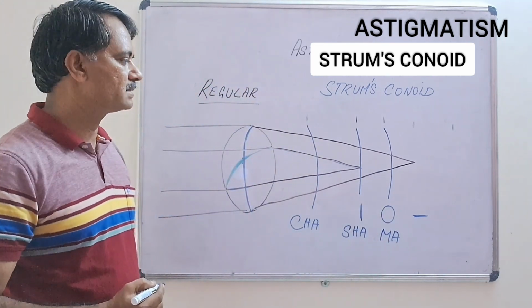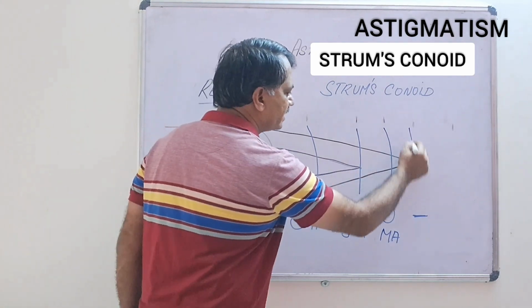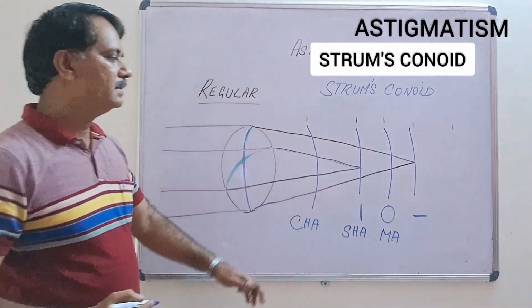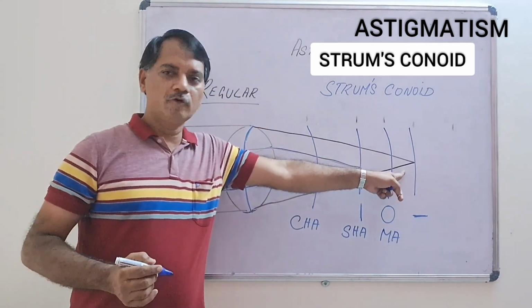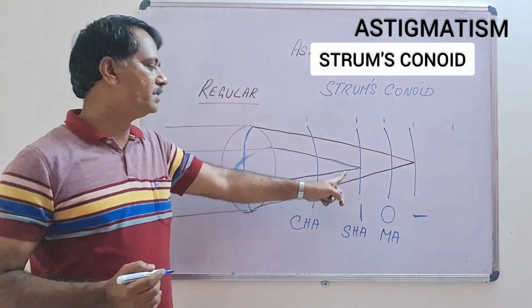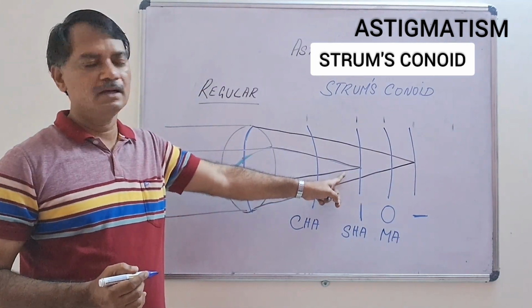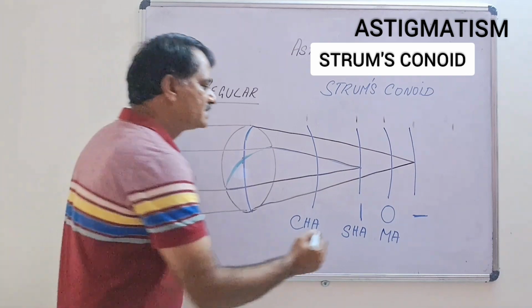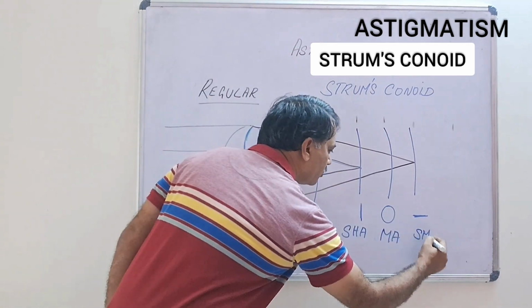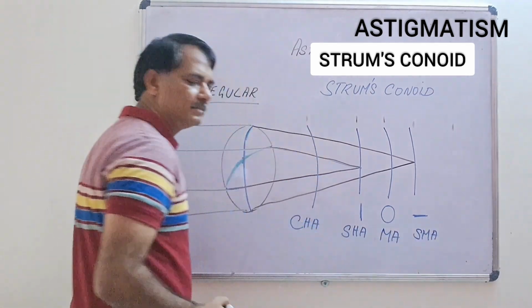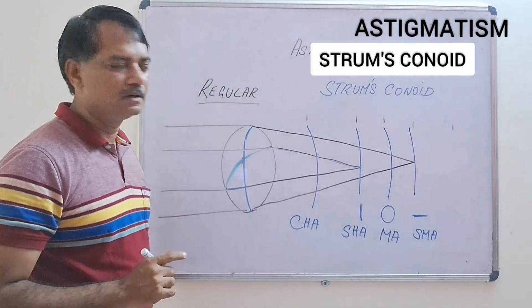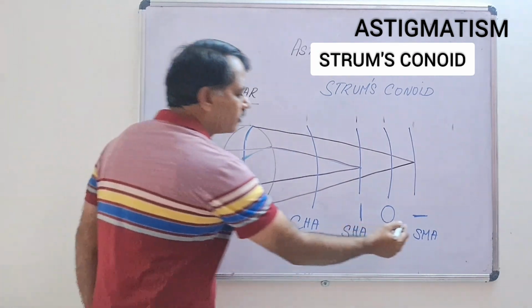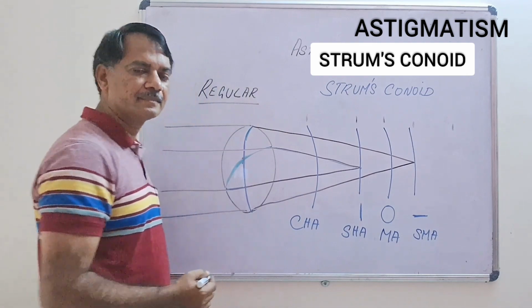Suppose the retina is here, then this group of rays are focusing on the retina, this group is focusing in front of the retina. So this is called simple myopic astigmatism, because only one group is at fault. Here the focal line will be horizontal.